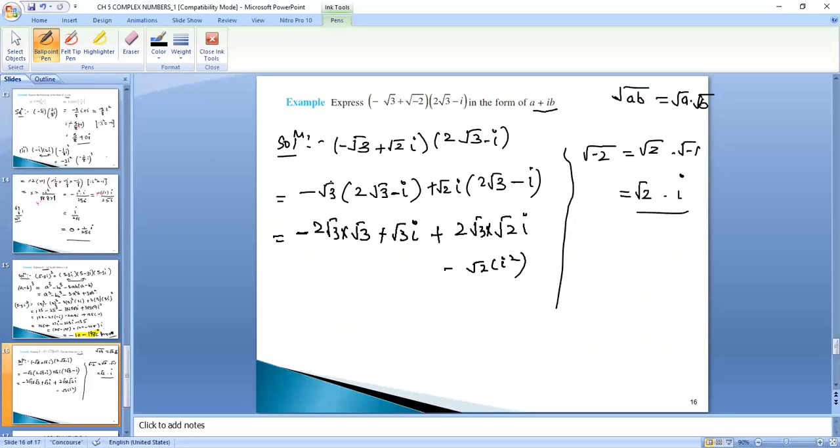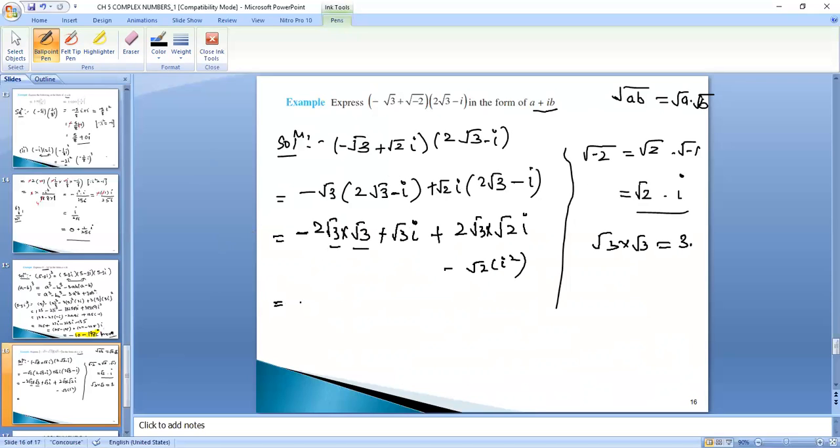First we have multiplied −√3 with the two terms, then √2 i with the two terms. Now √3 into √3, you know it is 3.